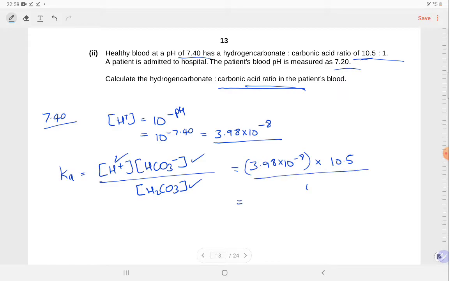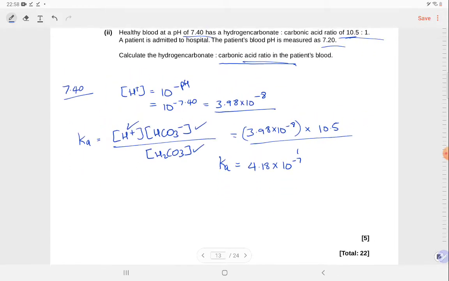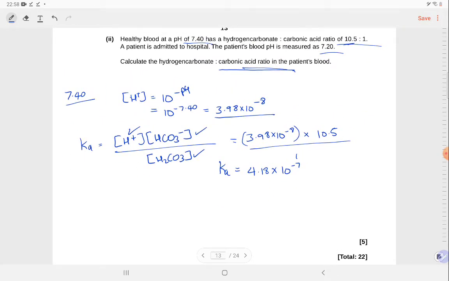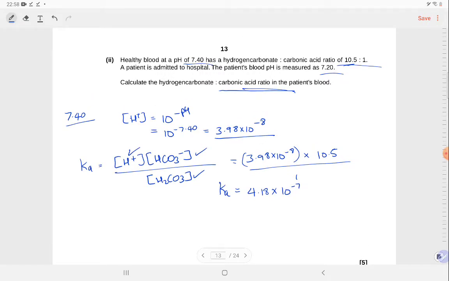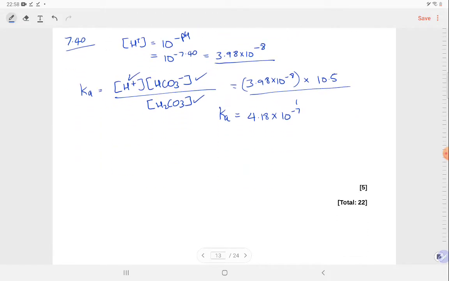This gives you an answer of 4.18 times 10 to the power of minus 7. But what did we work out here? It was the Ka. That's amazing. We've worked out the Ka at 7.4. Still, we haven't got the actual answer, but we're getting there.